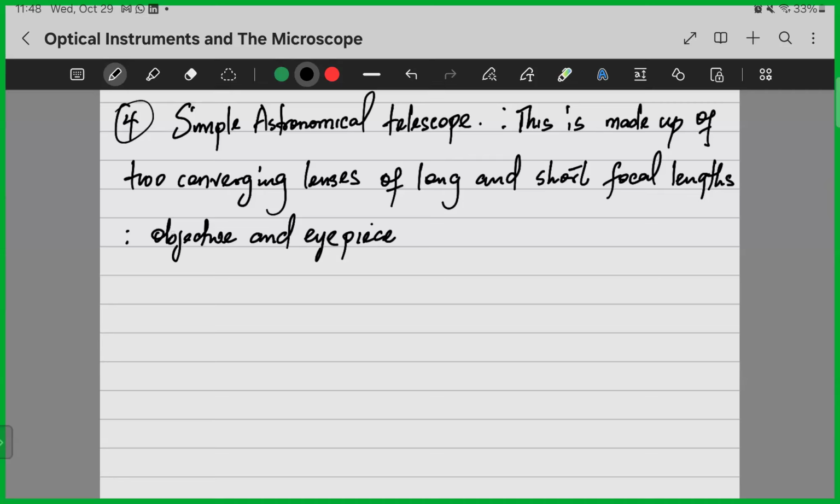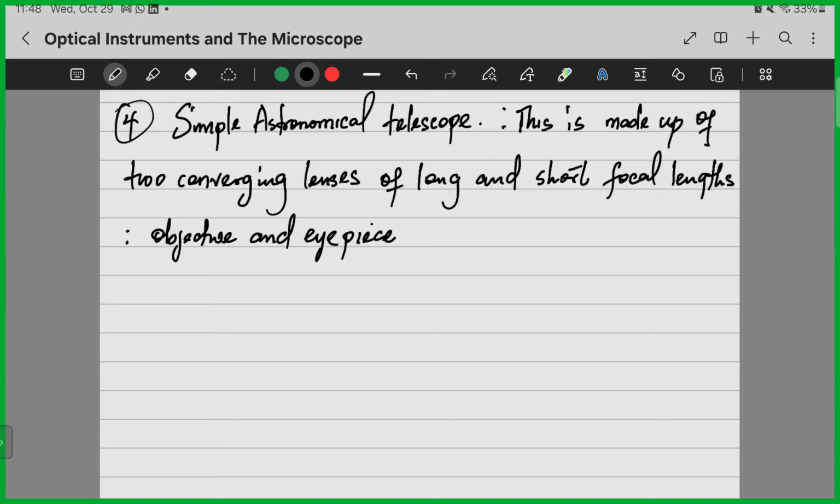Or we say, another way of naming this is the simple astronomical telescope, which has normal adjustment. So modified astronomical telescope, or you say in normal adjustment.